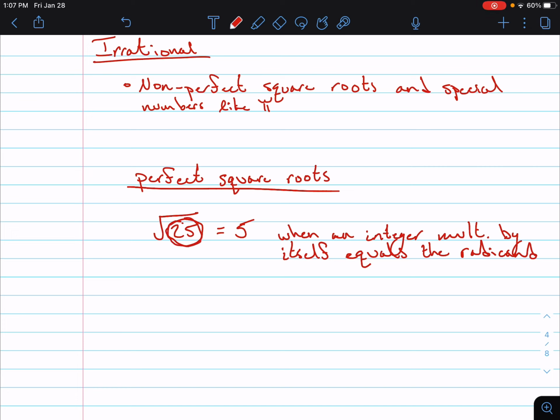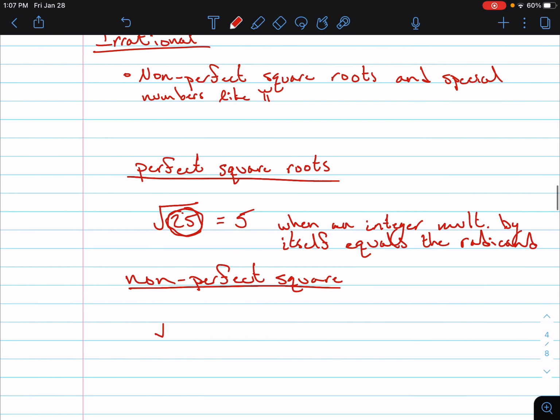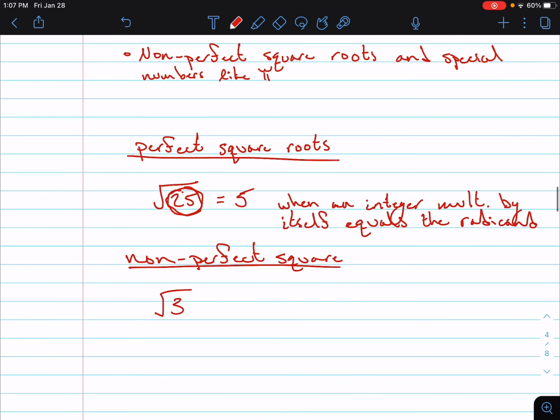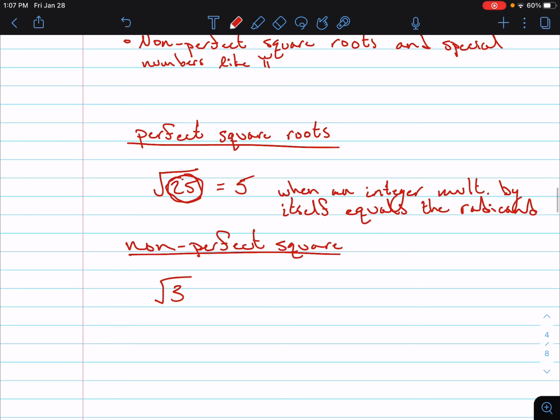So a non-perfect square root occurs when there's no integer multiplied by itself that equals the radicand. So let's look at a number, root 3. We'll figure out if there's an integer multiplied by itself that equals the radicand by considering all of the integers smaller than 3.